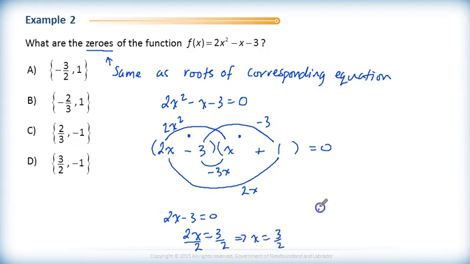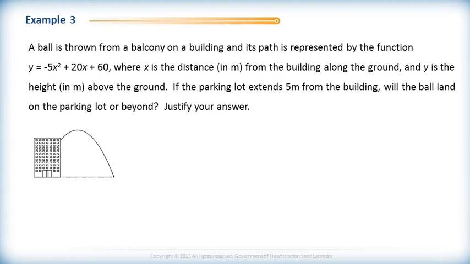My other possibility is x plus 1 equals 0, so I've got x equals negative 1. So it looks like 3 over 2 and negative 1, option D, is correct. And you can check them by substituting them back here to see if they give a value of 0 for the function.